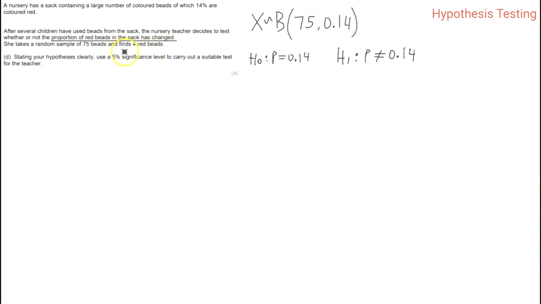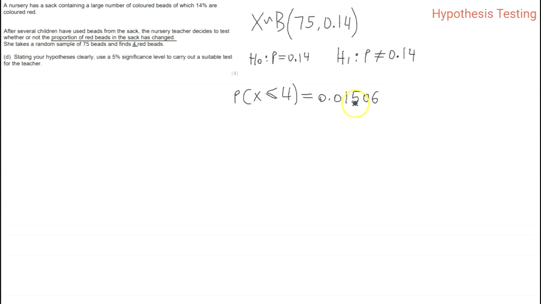We just use our observed value, which is 4, in our binomial to get a value. So for the lower tail, we'd say the probability of x being less than or equal to 4. And when we do this, we get 0.01506.